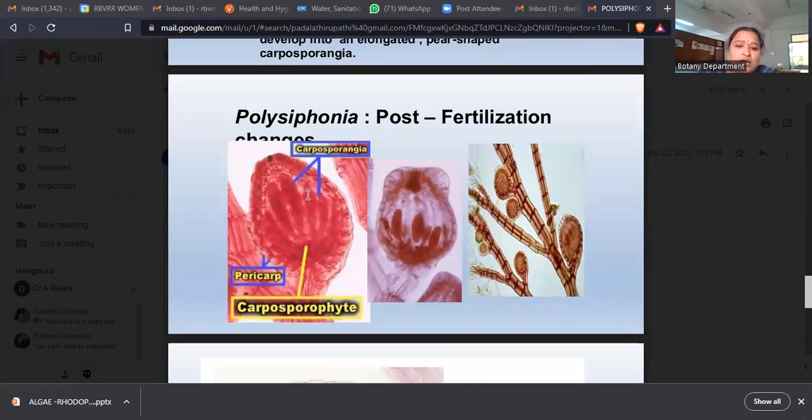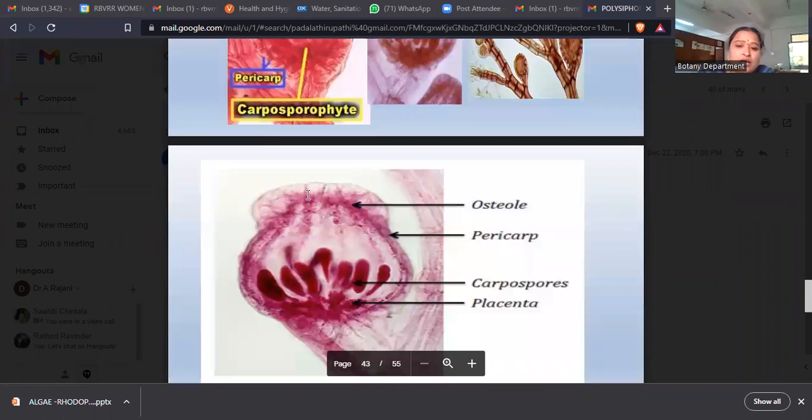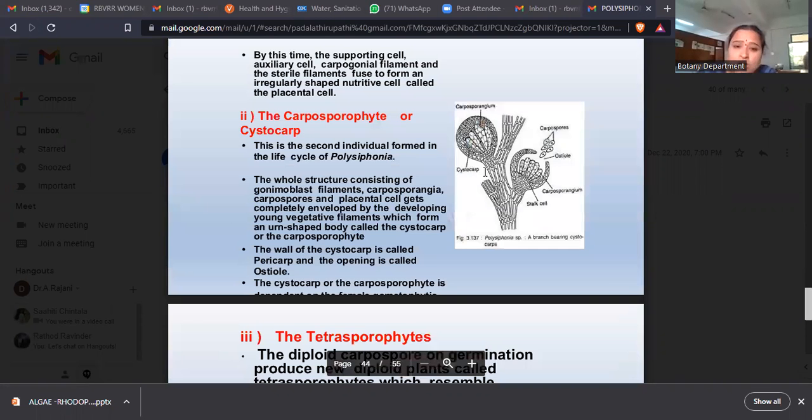Another name is cystocarp. Very important, they ask this question many times: where can you observe the cystocarp or carposporophyte? The second individual form in Polysiphonia is the carposporophyte or cystocarp.